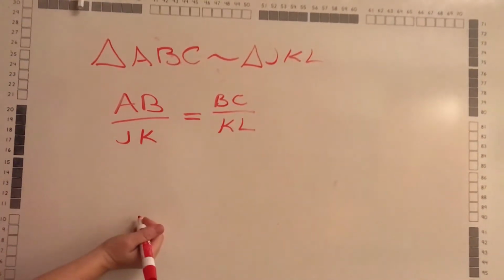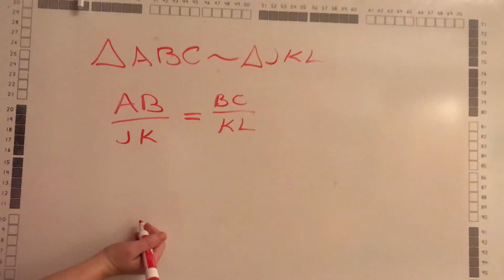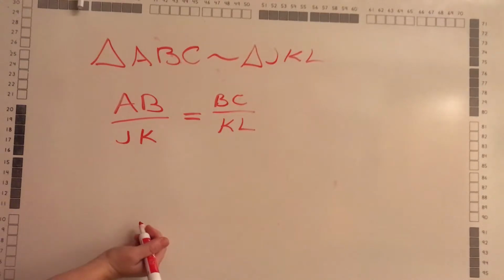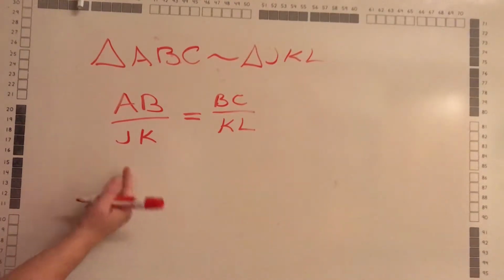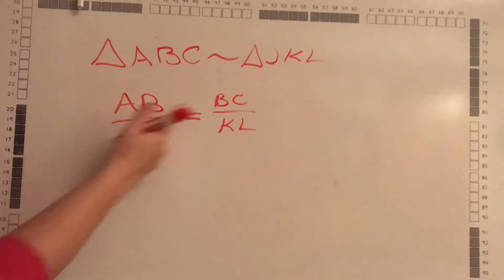If you look at our triangles, you'll see that the triangles are similar, but they're not necessarily pointing in the same direction. So angle C and angle L correspond, K and B correspond, and A and J correspond.